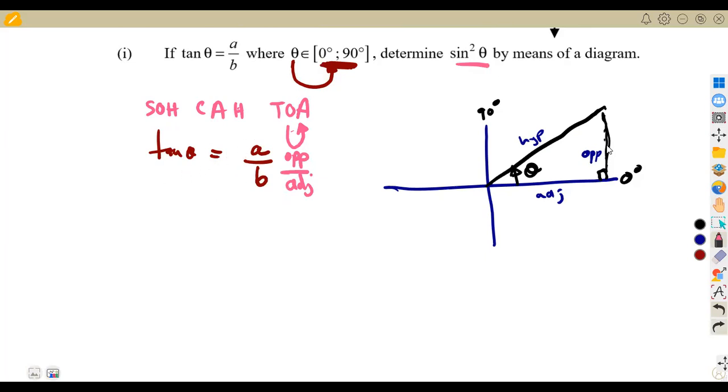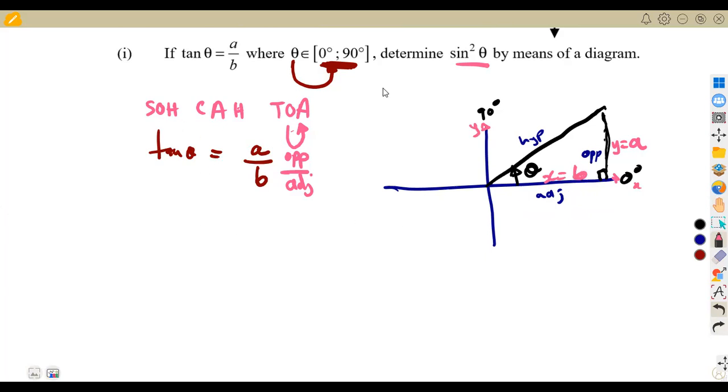That is your A and B. So this is our opposite, which is the y value that we are given. So y is equal to a. The adjacent, which is the x value. Remember, this is x and this is y. So the x value there, we are given it as b. That is our adjacent, and it's positive.